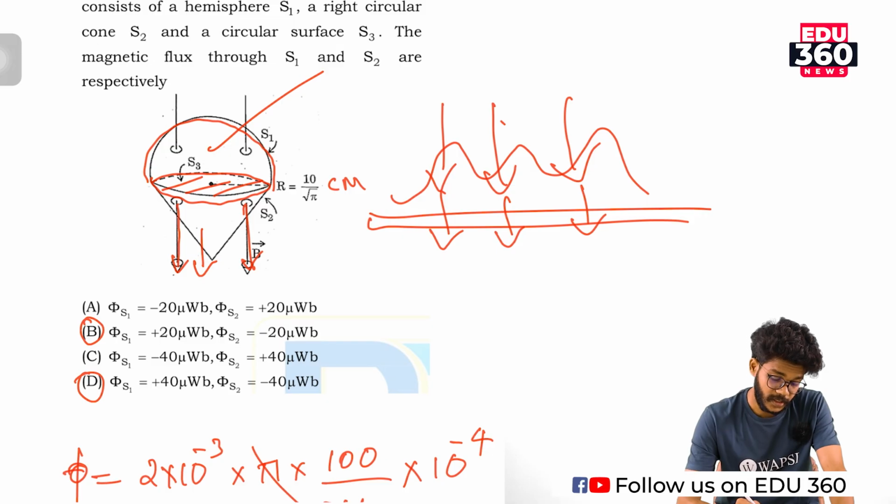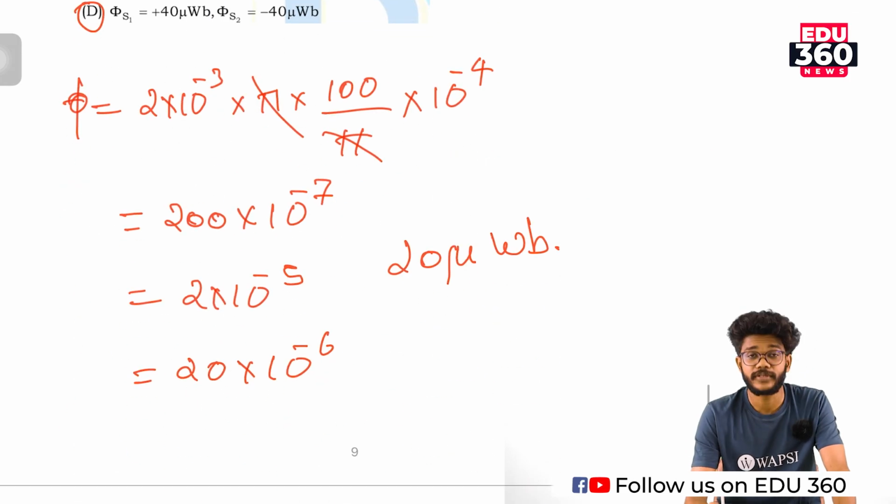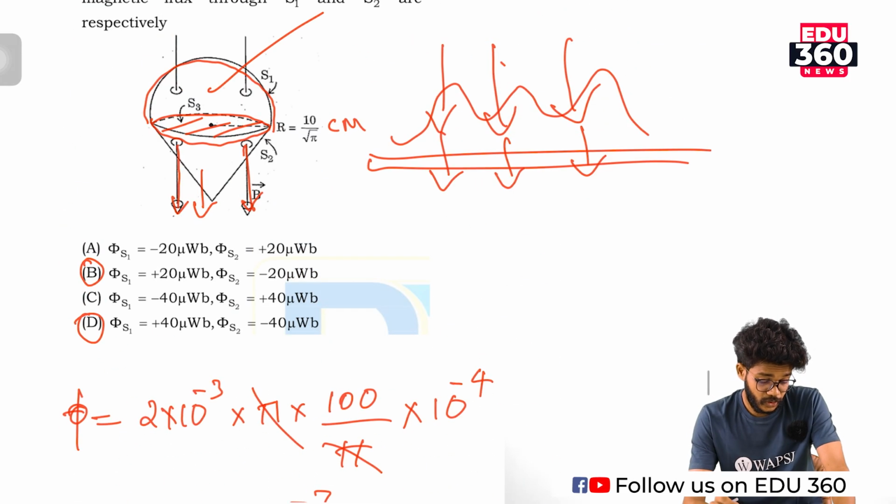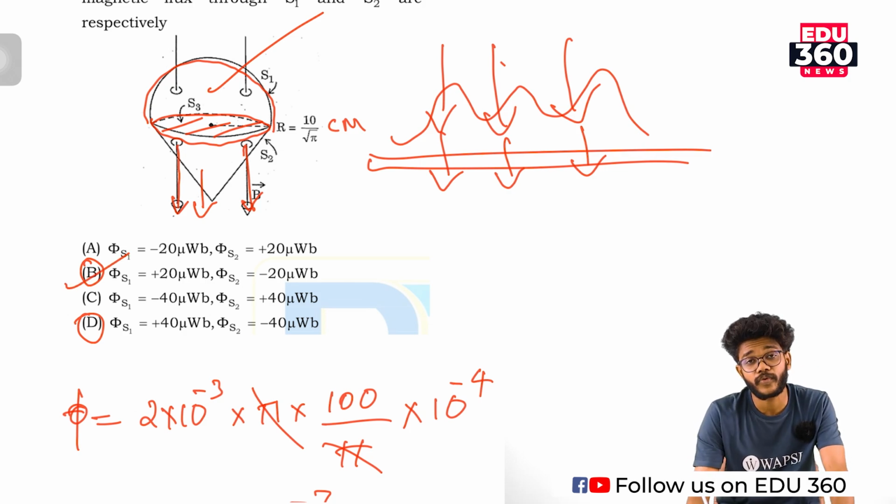And the second must be negative. So by considering that also, the second one can be negative, and option D is also possible. But our value is 20 microweber. So option B and option D have the positive value for the first flux and the negative value for the second flux. So option B with the magnitude 20 microweber is the correct answer.